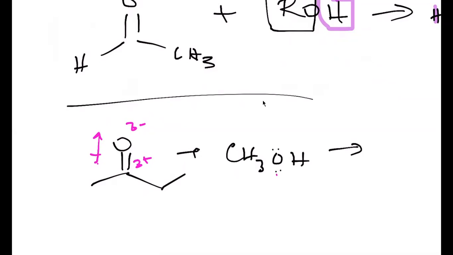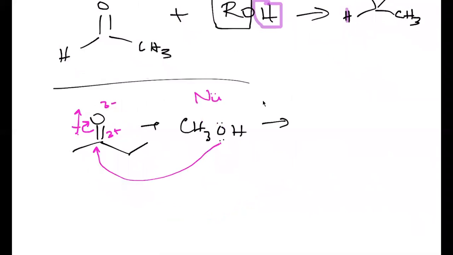If this is my nucleophile, and all your carbonyls react the same way with nucleophiles. Is that right? So the alcohol is going to attack the carbonyl, and then you're going to end up breaking that CO pi bond.